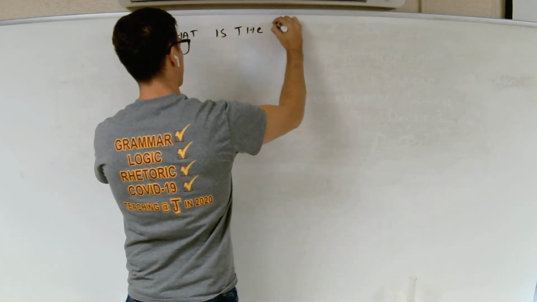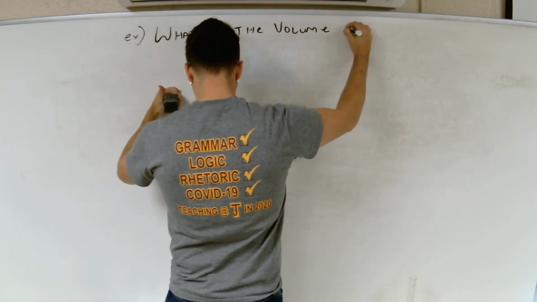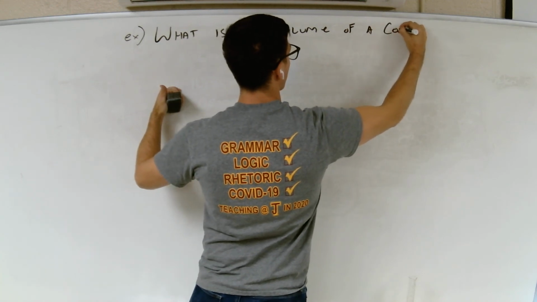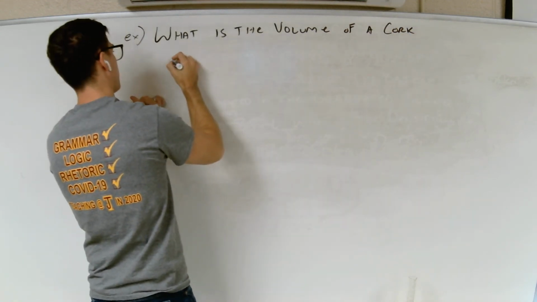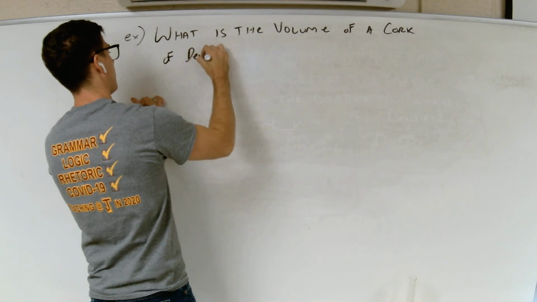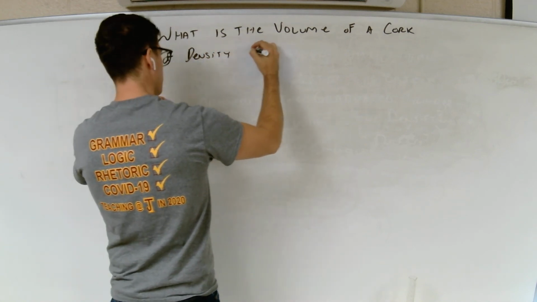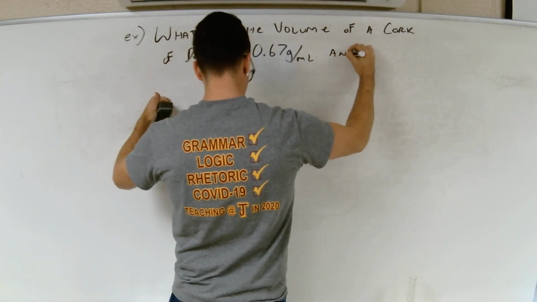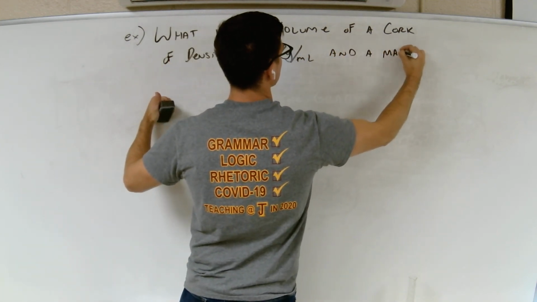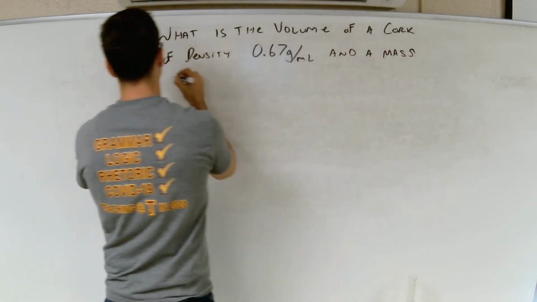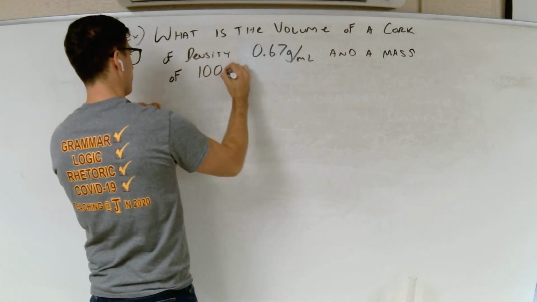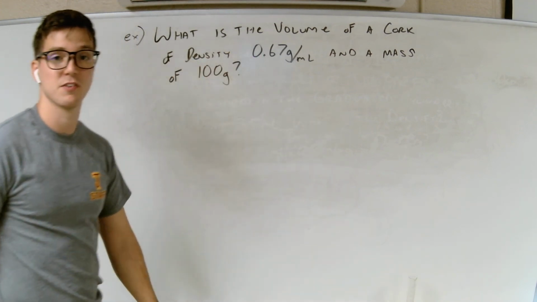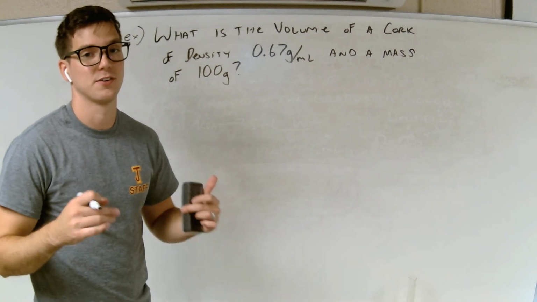What is the volume of a cork of density 0.67 grams per milliliter and a mass of 100 grams? Okay, feel free to try this on your own.